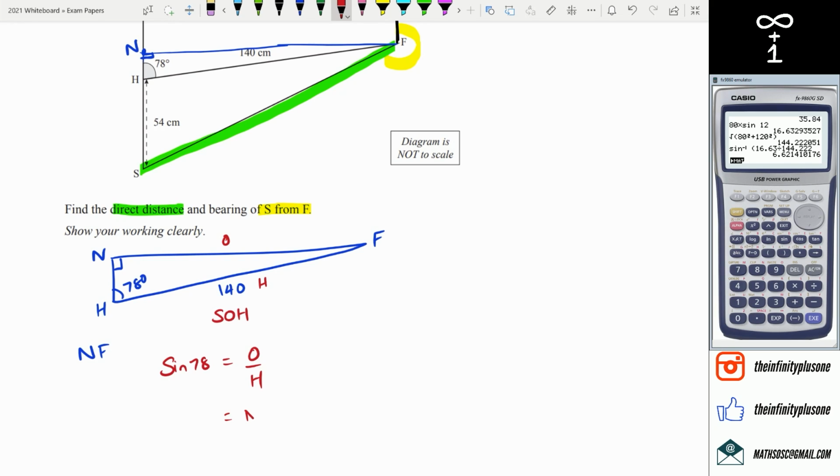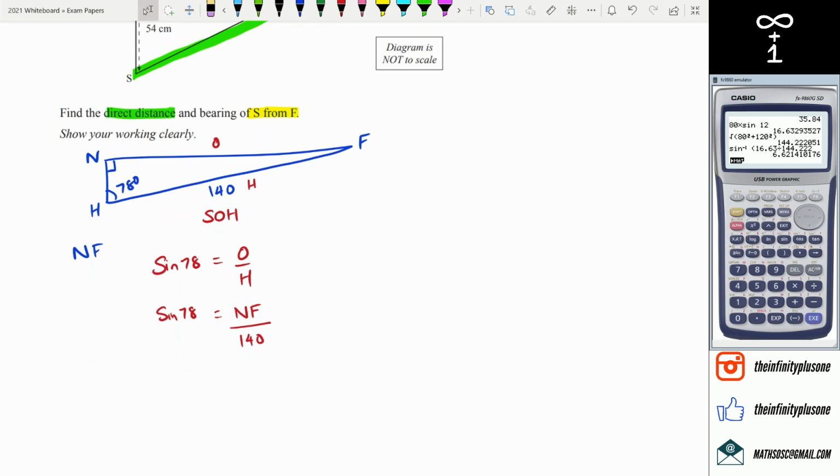Opposite is NF, hypotenuse is 140. Then cross multiply: 140 times sine 78 equals NF.